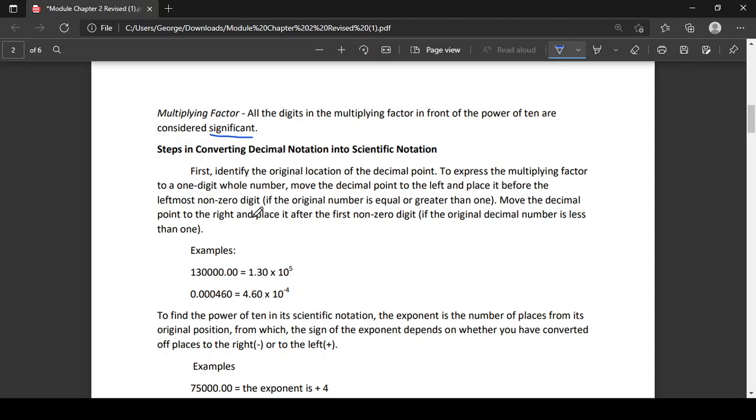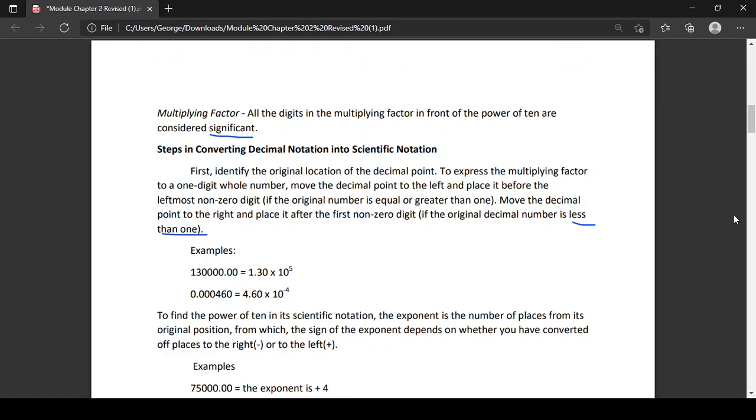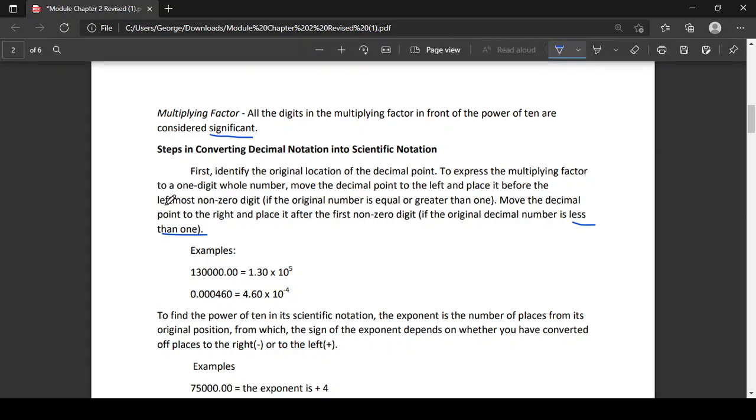And move the decimal point to the right and place it after the first non-zero digit. This one, kids, is if the original decimal number is less than 1. If greater than 1, kids, you move from your left to right. If more than 1, you need to move it to the leftmost non-zero digit.